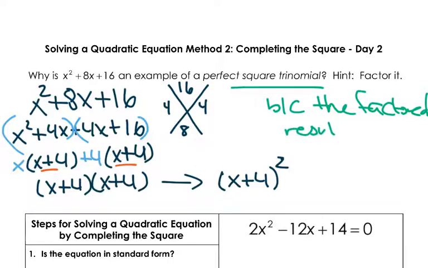result will result in a binomial squared.